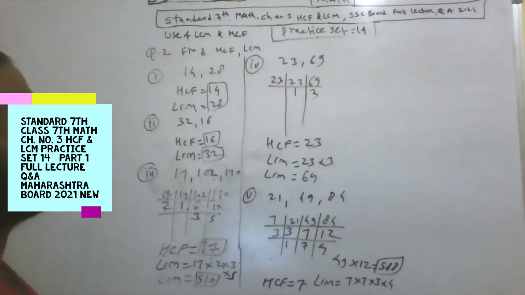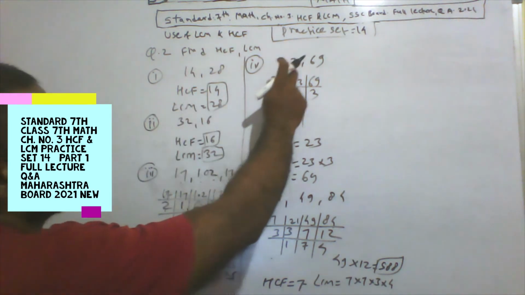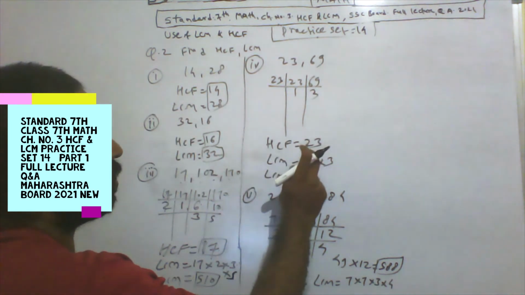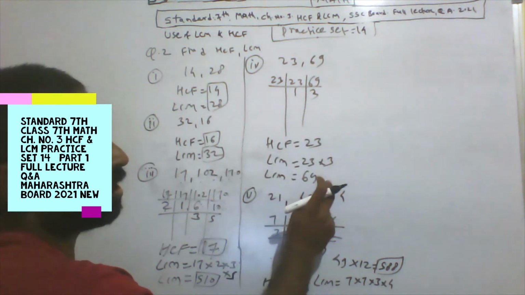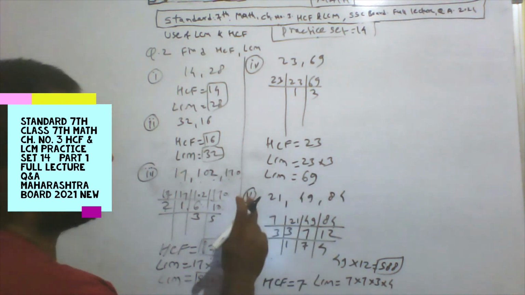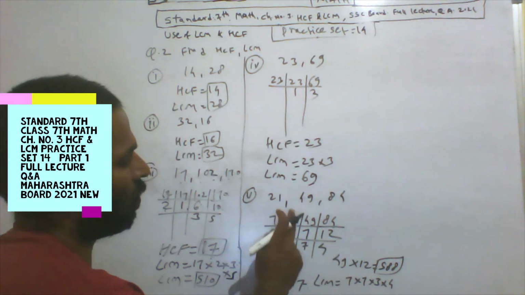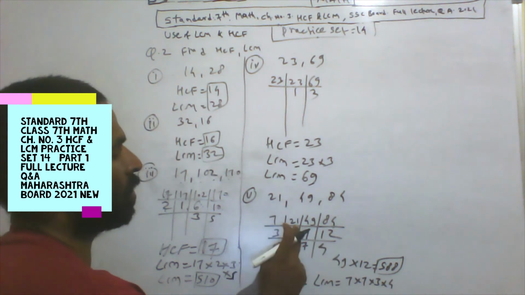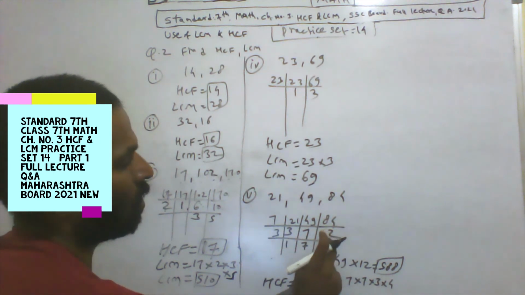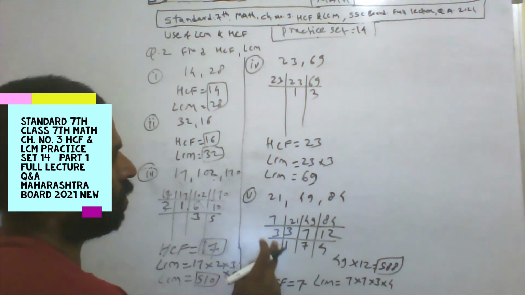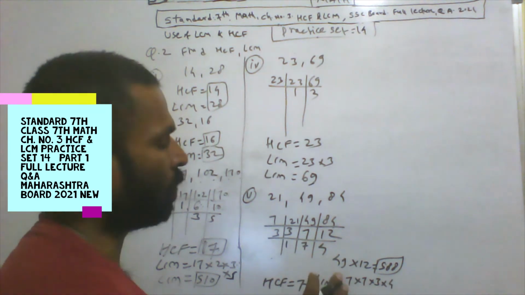Now question number 4: 23 and 69. As in question numbers 1 and 2, 23 threes are 69. So the HCF is 23 and the LCM is 69. In the fifth question, 21, 49, 84, all three are divisible by 7. 7 threes are 21, 7 sevens are 49, and 7 twelves are 84. So 7 is the HCF, because right now there is no common factor of 3, 7 and 12.